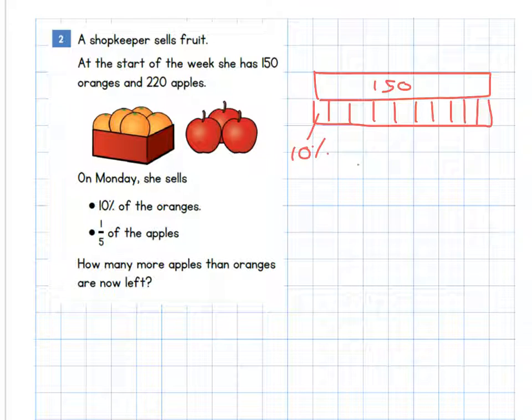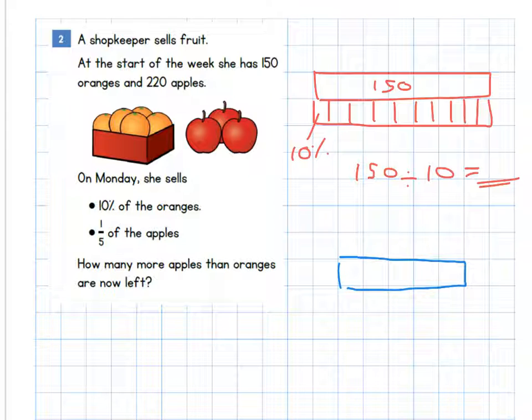And we should be able to work out 10% of the oranges by doing 150 divided by 10 gives us the number of oranges that she has sold. Obviously, once we've got the number of oranges she's sold, we should be able to work out how many oranges she has left.